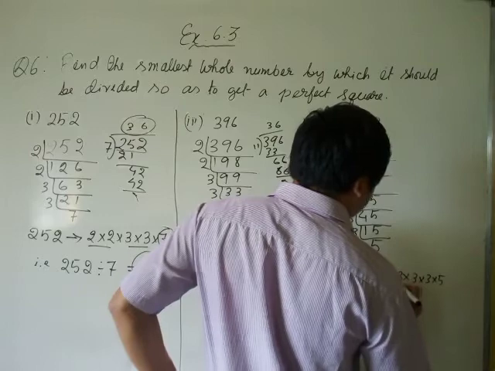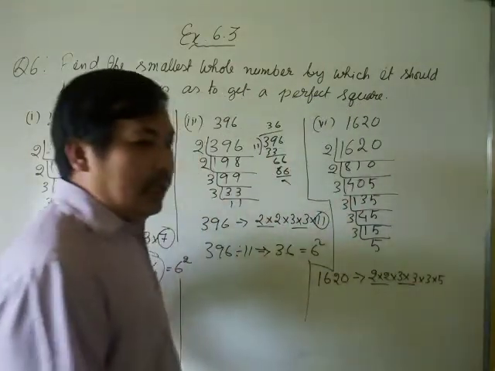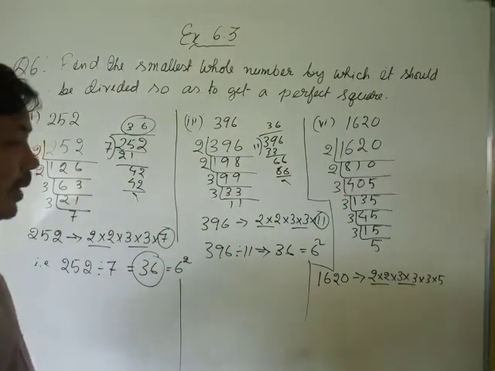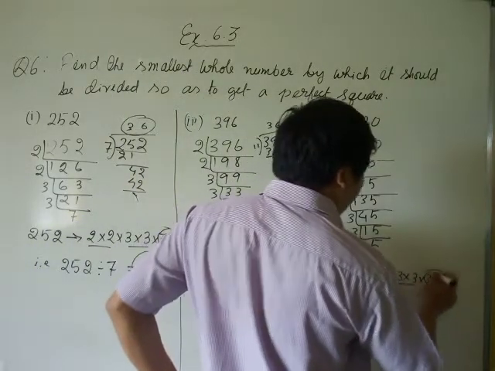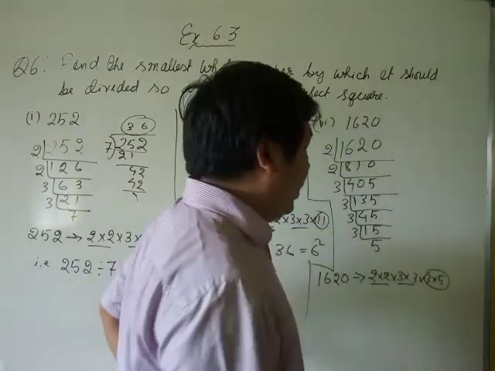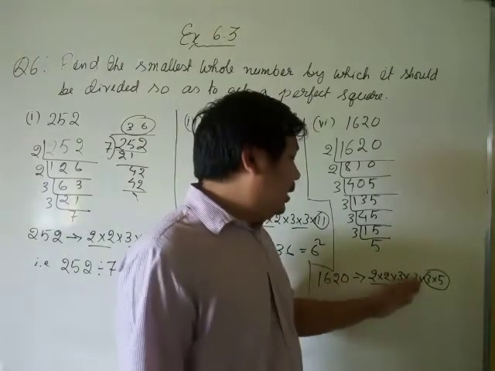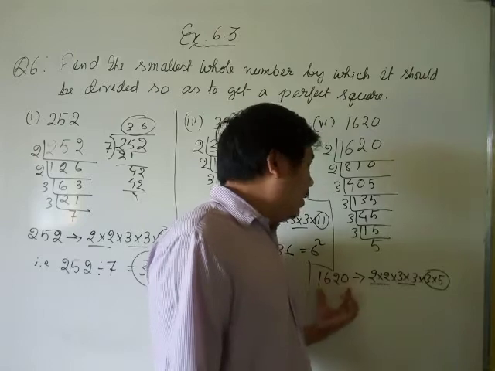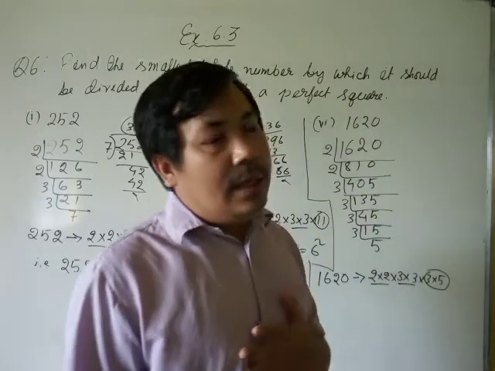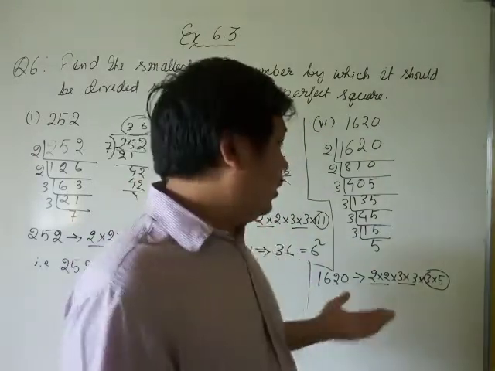Now these pairs are there, but some unpaired numbers are also there. If you divide the given number by those unpaired numbers, then it becomes a perfect square. So let us see what is the number.